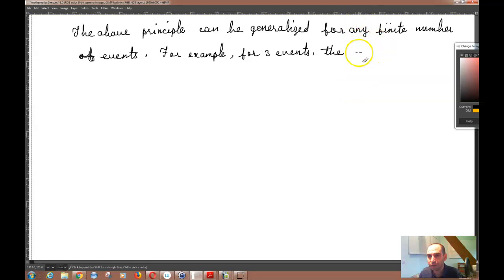If an event can occur in m different ways, following which another event can occur in n different ways, following which a third event can occur in p different ways, then the total number of occurrences of the events in the given order is m times n times p.